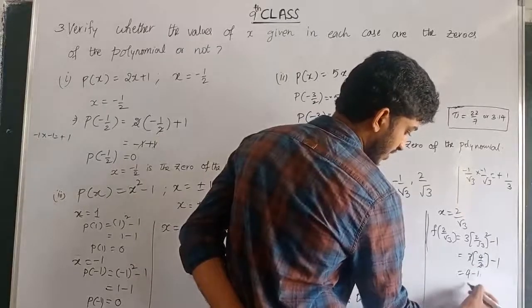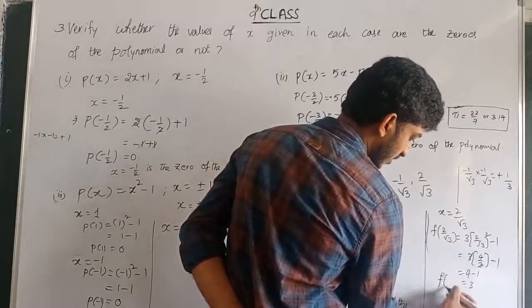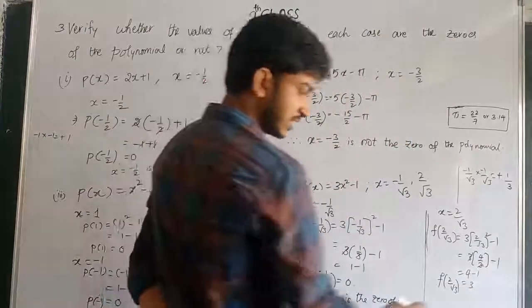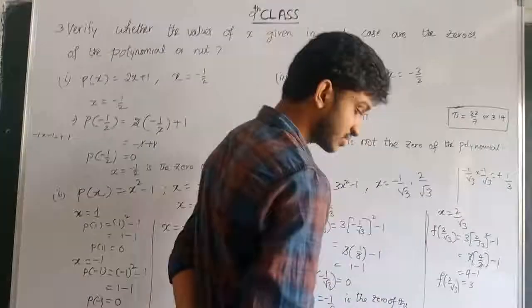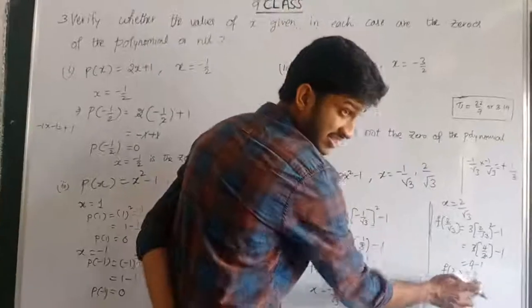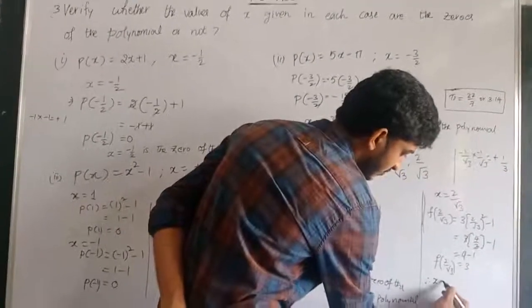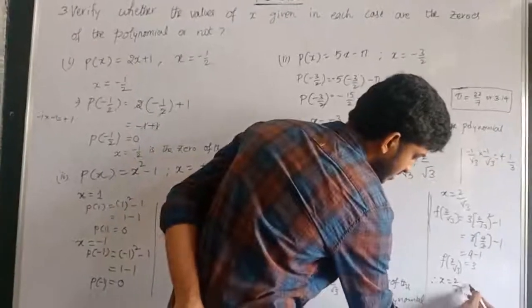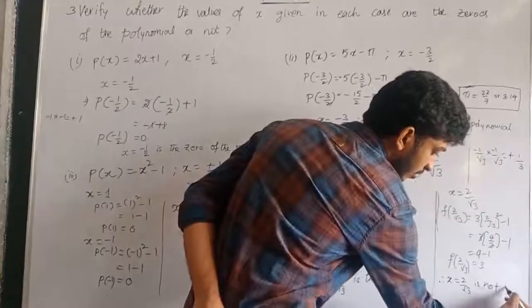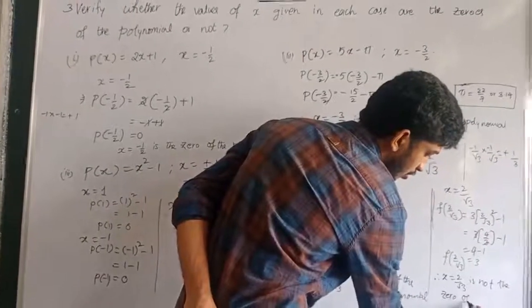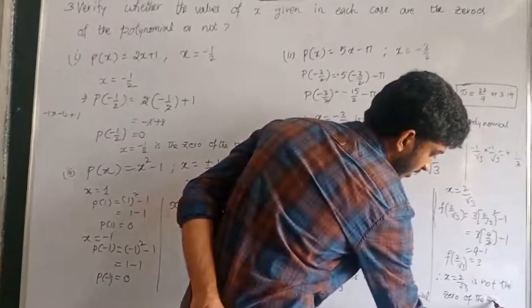We have 4. 4 minus 1 equal to 3. So we got the f of x value at x equal to 2 by root 3 as 3. It is not 0. That's why x equal to 2 by root 3 is not the 0 of the polynomial.